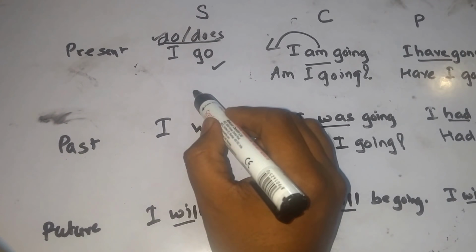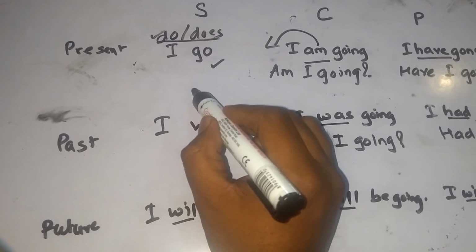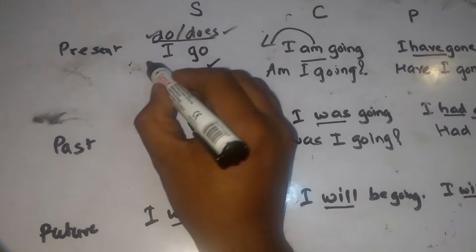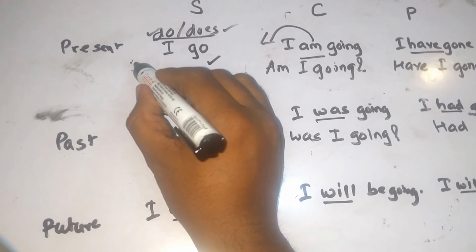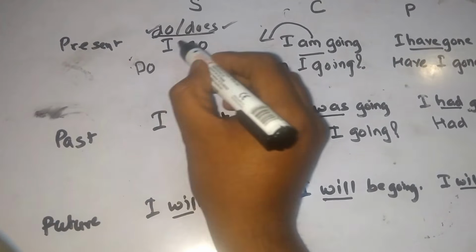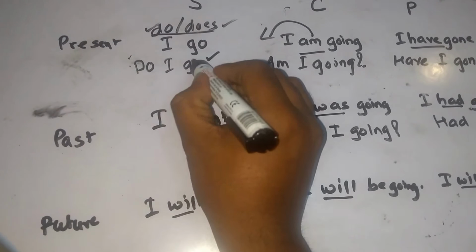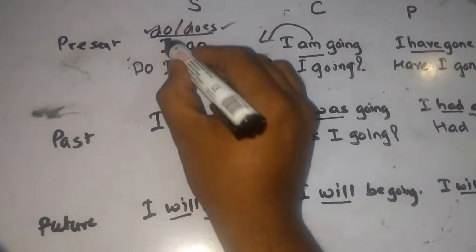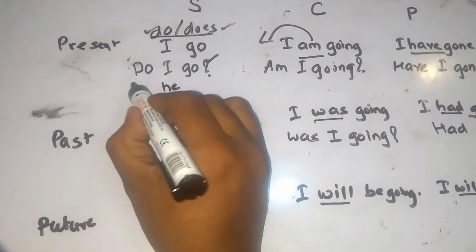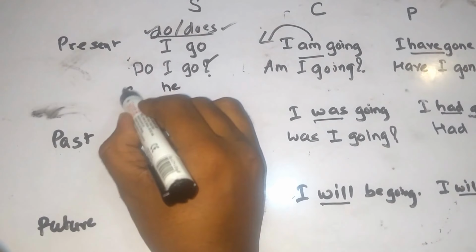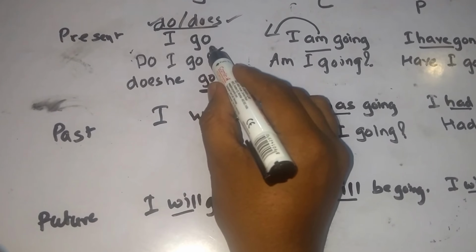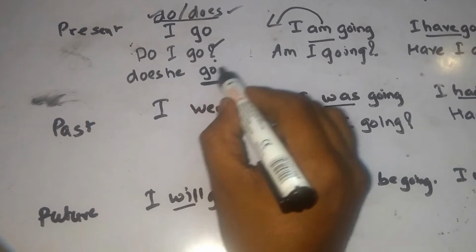For he, she, it, and suppose someone's name, we will use does. Here we have I, so we introduce a helping verb: do I go. Do I go becomes a question. Suppose instead of I it is he, we write: does he go. We don't put goes here; we say does he go.